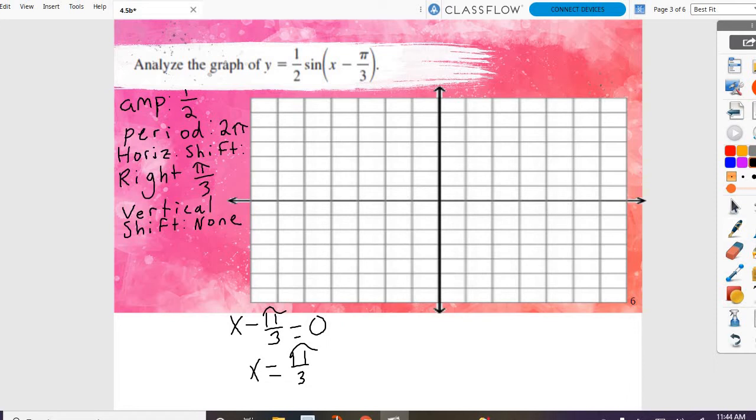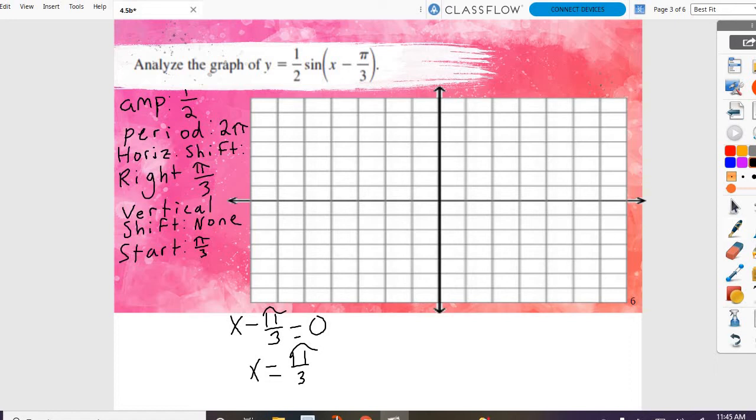So we said that the start of our first cycle is going to be pi over 3. How do I figure out where my first cycle is going to end? Is it going to be 2 pi this time? Why not? Correct.